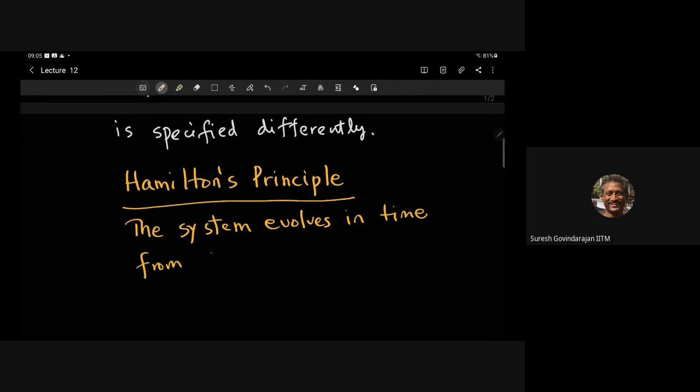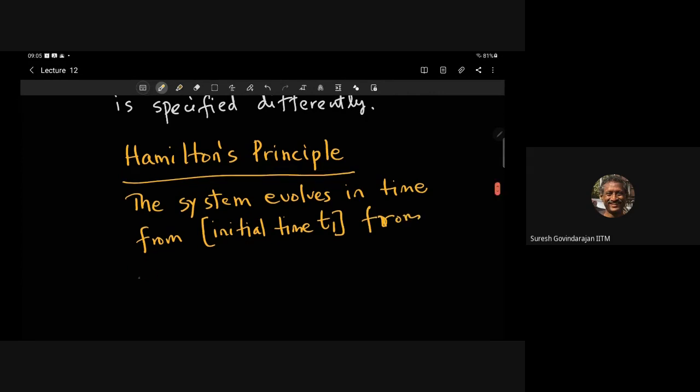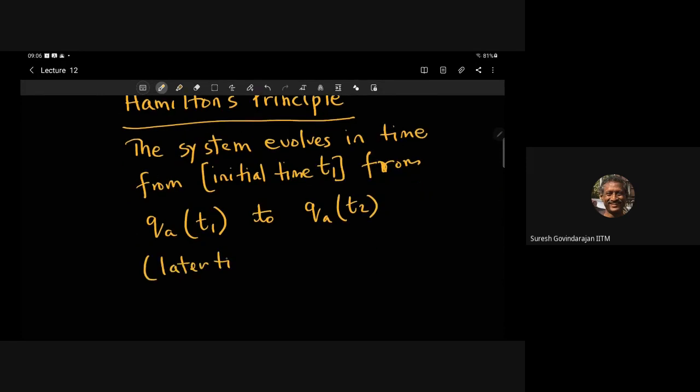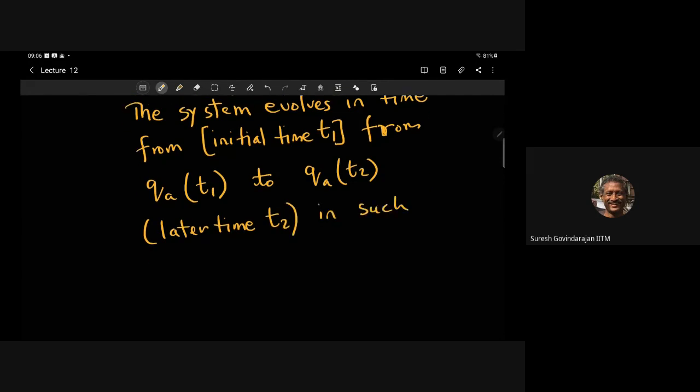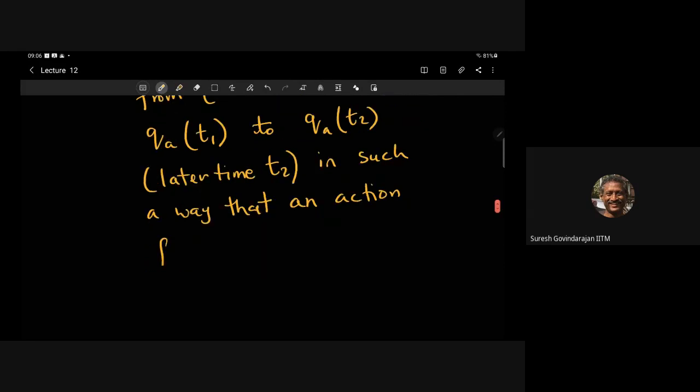from initial time t1, from qa of t1 to qa of t2, where t2 is some later time, in such a way that an action functional is minimized.